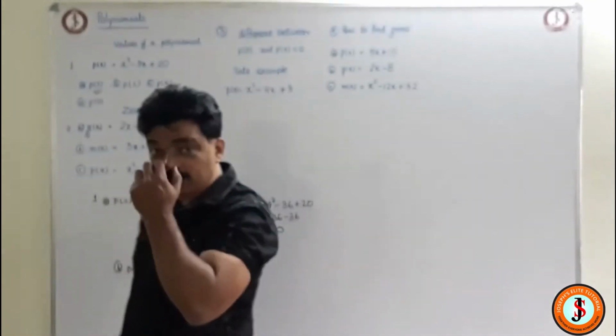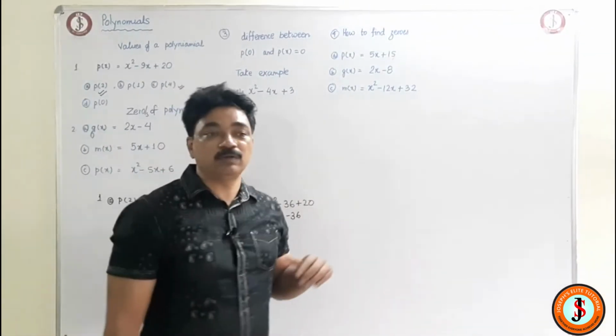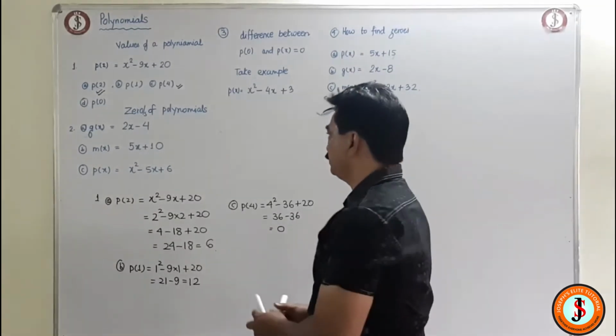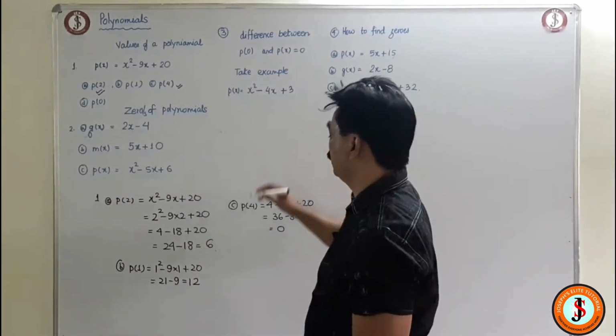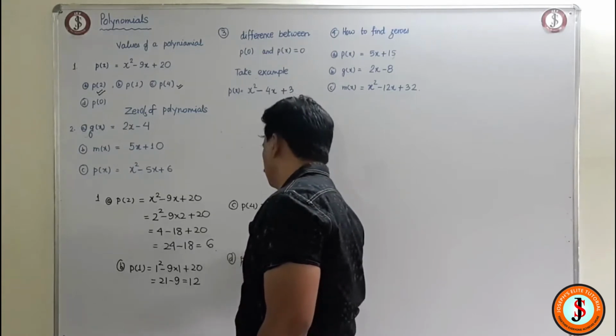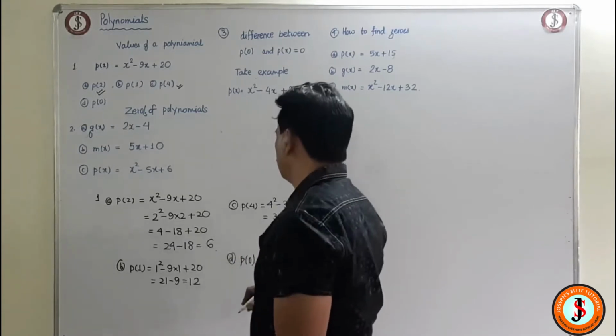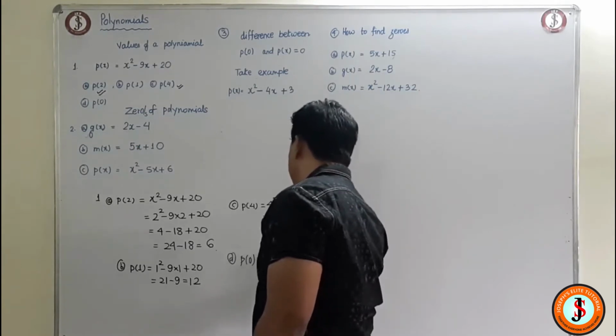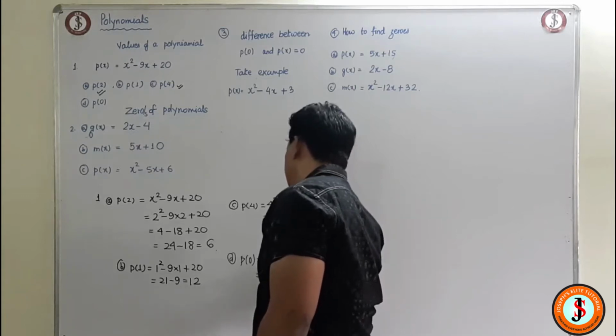That value of the variable which when kept in the polynomial will give a total value 0. But there is a difference between zero and P(0). If we say P(0), now try to understand, that means wherever there is x we have to put 0. So we get an answer 20.